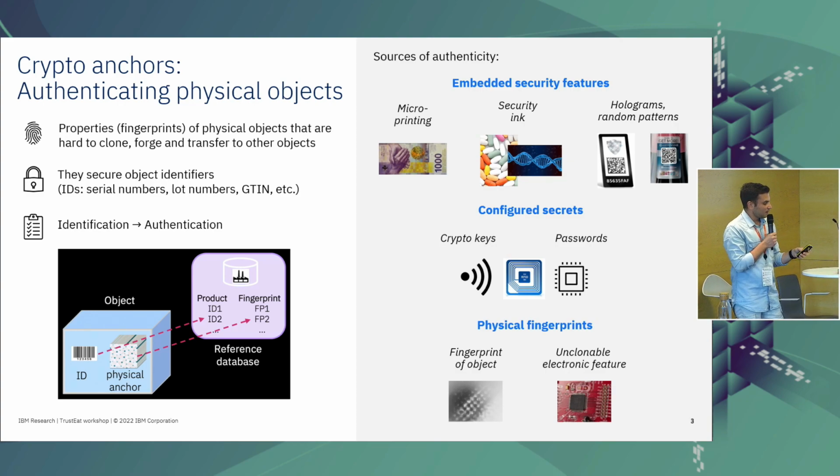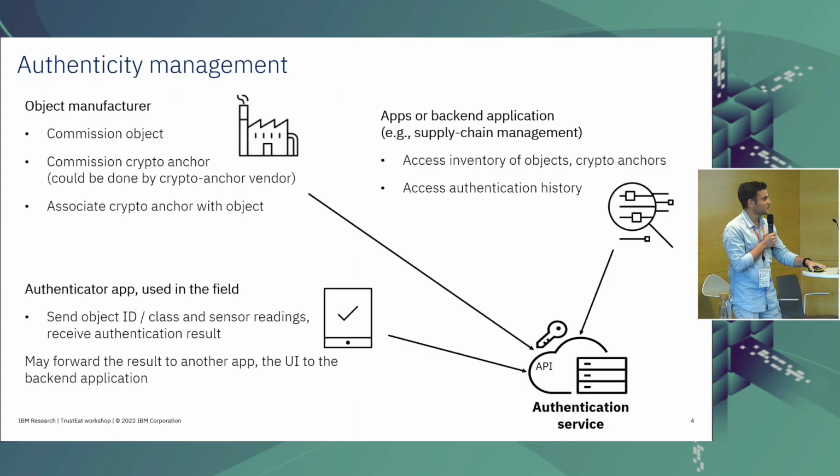Most of the time, it's not always the case, but most of the time the object manufacturer is the one inducing or producing the crypto anchors along with the object itself. But the object manufacturer can also commission the crypto anchors to crypto anchor vendors. There are companies that are only related to designing and creating these crypto anchors.